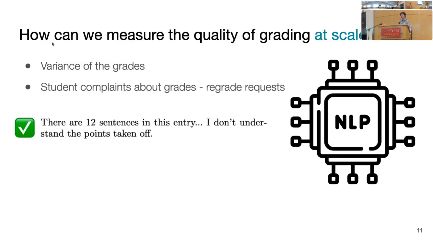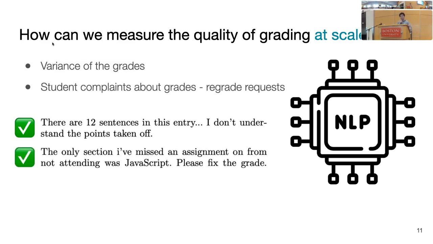That's a complaint about the points taken off. There can be more direct regrade requests, like "the only section I need an assignment on from not attending with JavaScript, please fix the grid." That's a very direct regrade request, suggesting that there might be something wrong with the grid. So we use NLP to identify these complaints and regrade requests. That's a more direct measure of this grading quality.